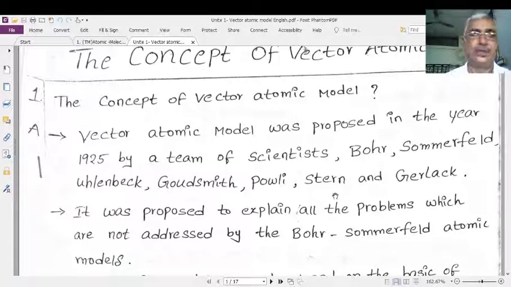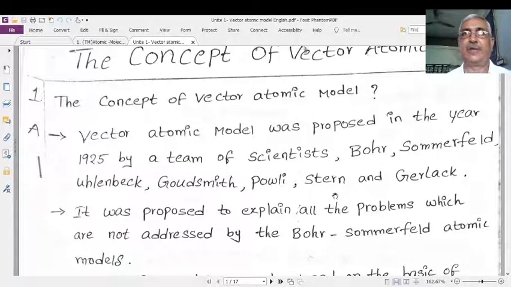The Bohr-Sommerfeld atomic model is unable to explain the spectrum of atoms with multiple electrons. It is unable to explain the distribution of the electrons in different orbits. It is unable to explain the formation of chemical bonding. It is unable to explain the different intensities of the spectral lines.